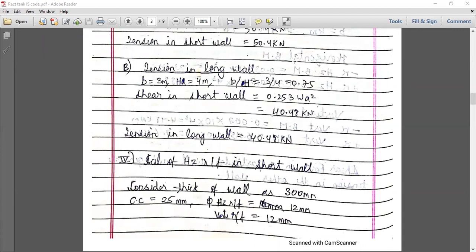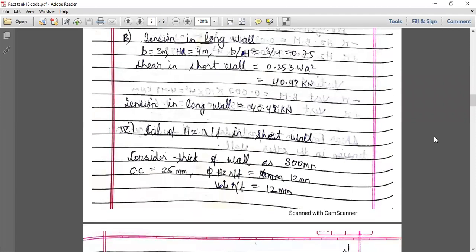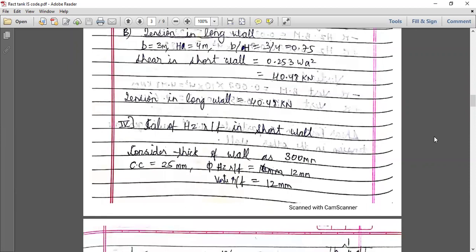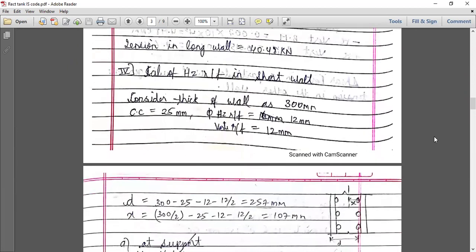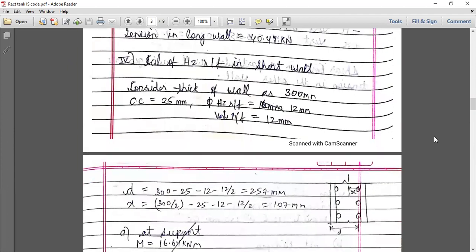So in this range you can consider for the design of the water tank, so it will be safe. Let us consider suitable clear cover 25 mm, and let us consider the horizontal reinforcement 12 mm and vertical 12 mm. Then you can find out the value of D and X.